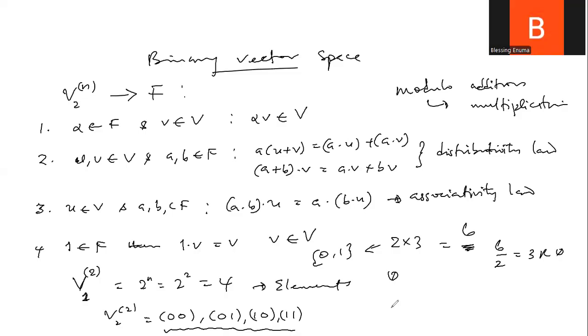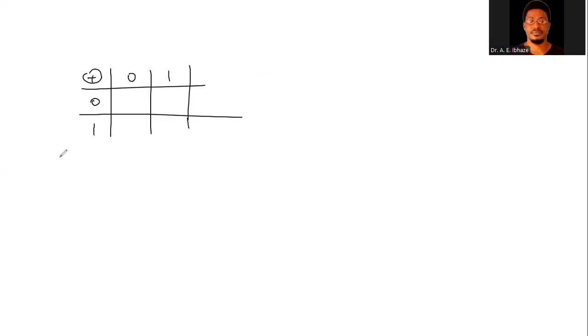Okay. Now, let us quickly revise the modulo operation. Let's start with modulo 2, and we're going to walk through this together. We have 0, 1 this way and 0, 1 this way.